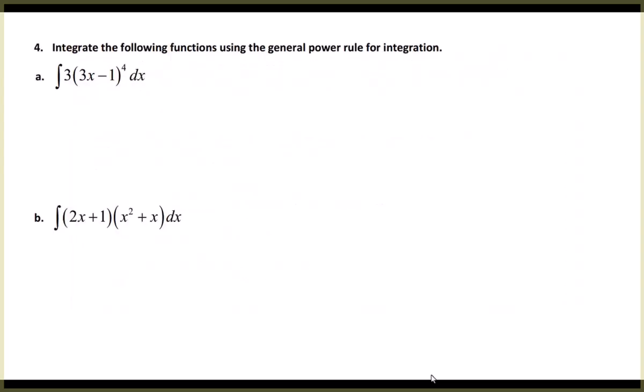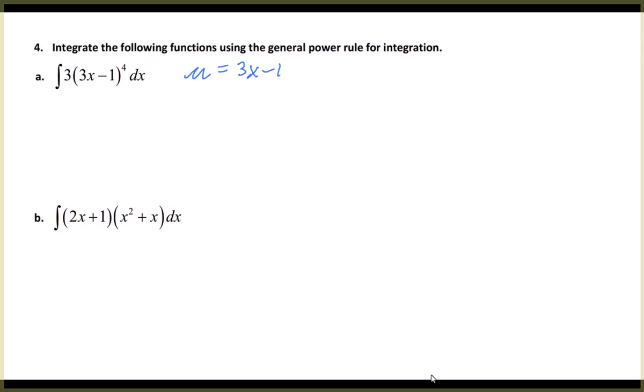Okay, let's look at one here. All right, thoughts. What would you say U is? I agree. Now, let's write that down. What's du then? 3 to the 4th power?